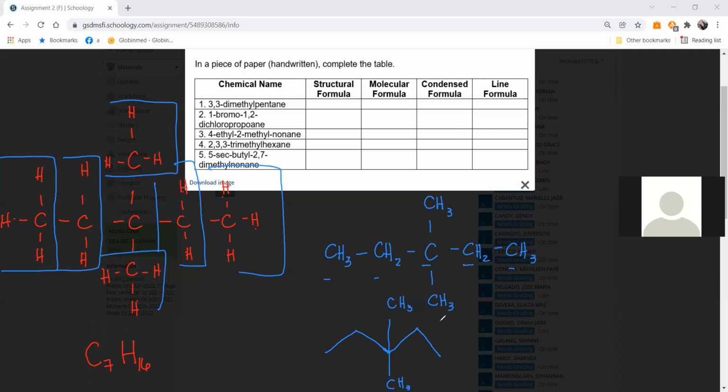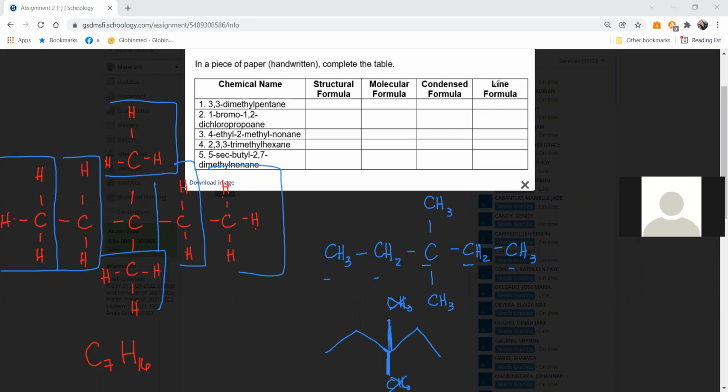So for the meantime, number 1, these are the answers. So it's okay kung nalagyan nyo ng CH3 at the end, but next time you can actually omit this kasi the end of this line means meron siyang carbon and that's automatically methyl. And that is true also with this line. Okay?